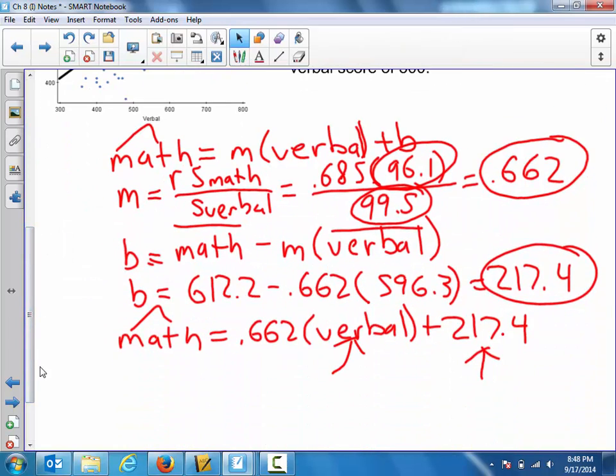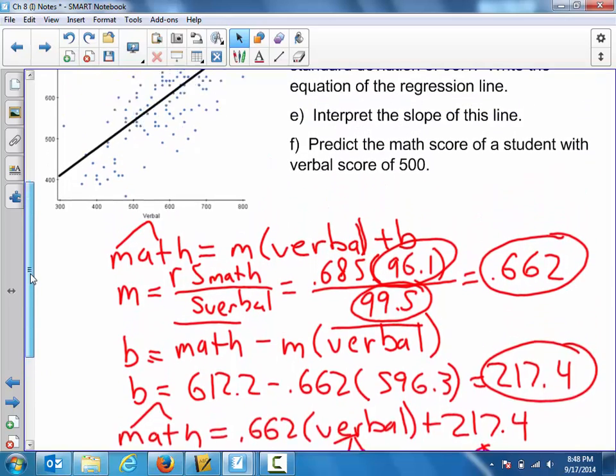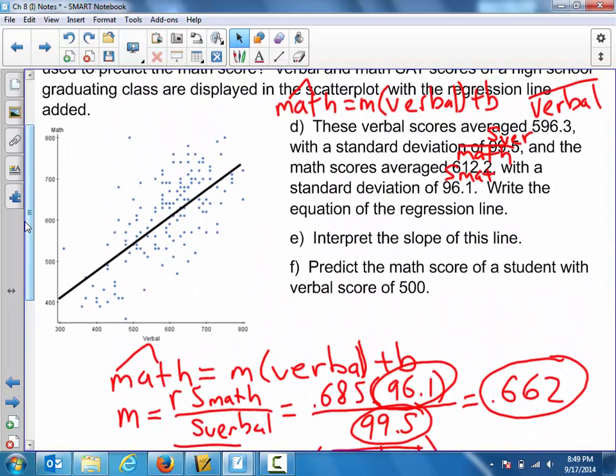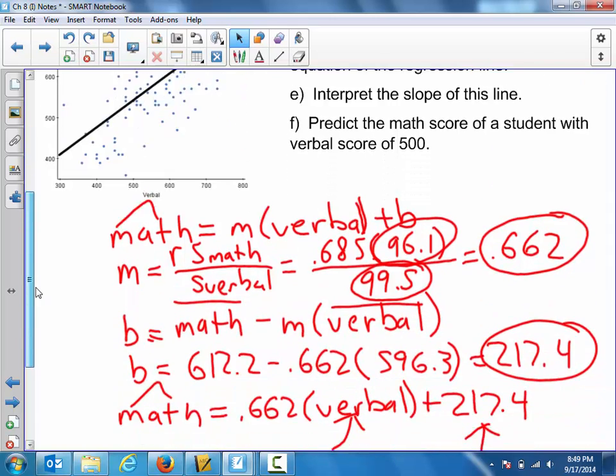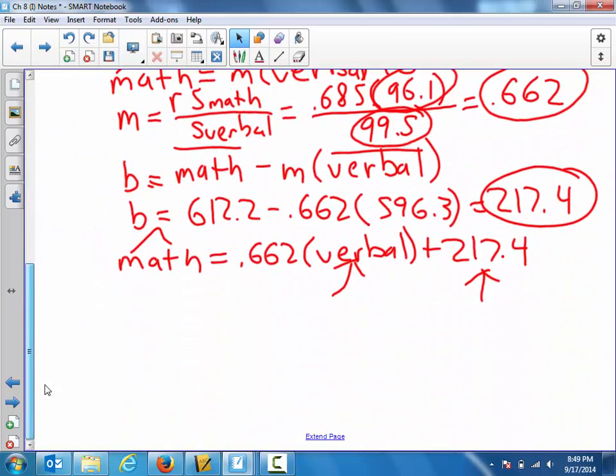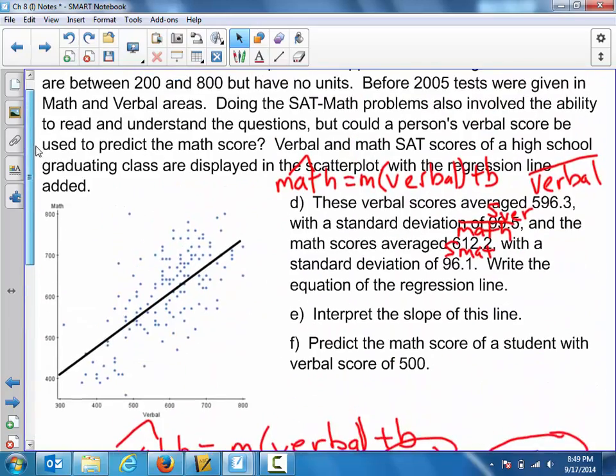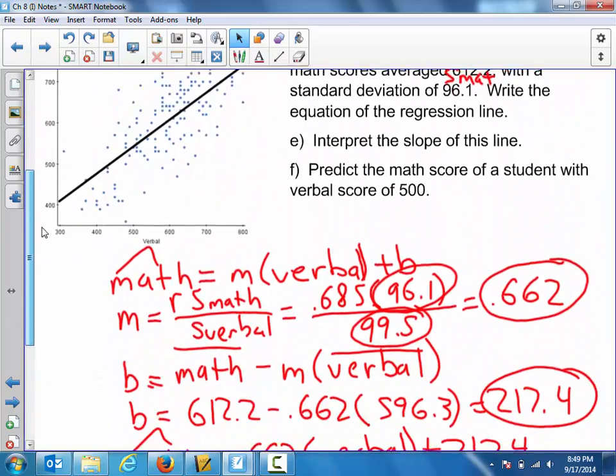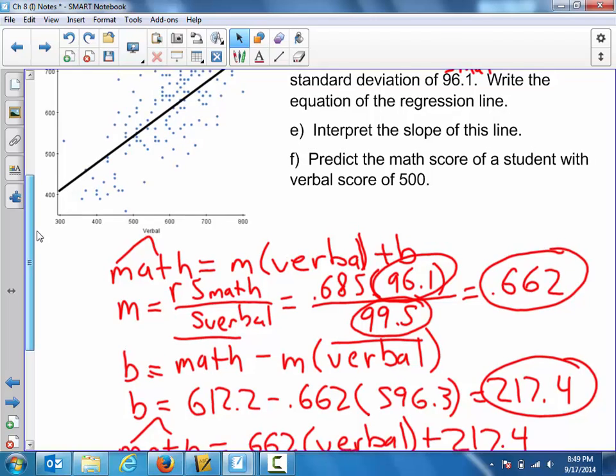Although the scatter plot doesn't do a great job of showing this, if you plugged in a verbal score equal to 0, we would predict that you would still get a math score of 217.4. So if you absolutely flunked the verbal section, the model would predict a 217.4 for math.